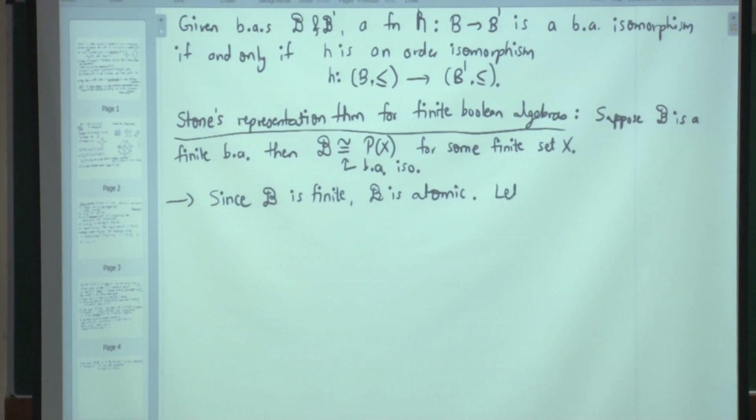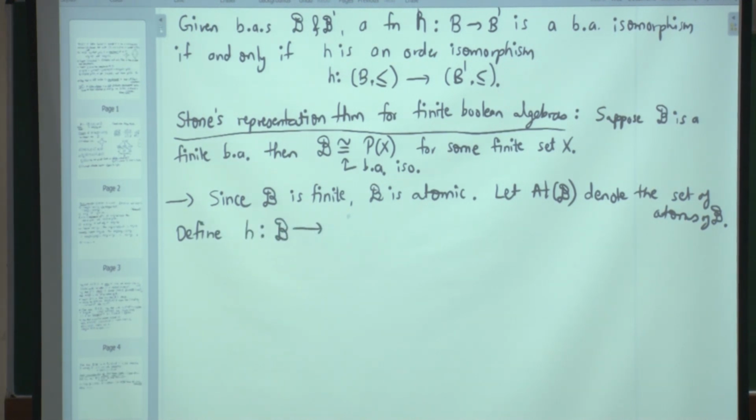So let A(B) denote the set of its atoms, the set of atoms of B. Then we need to define h from B to some power set.